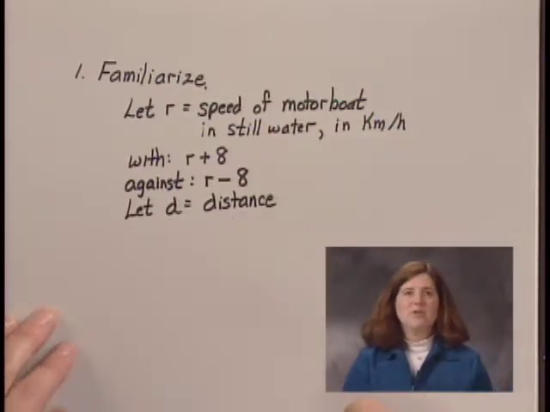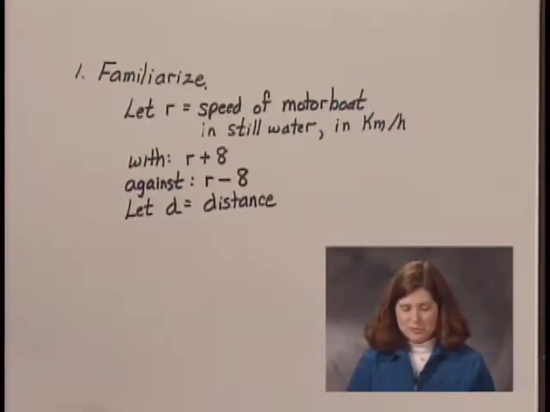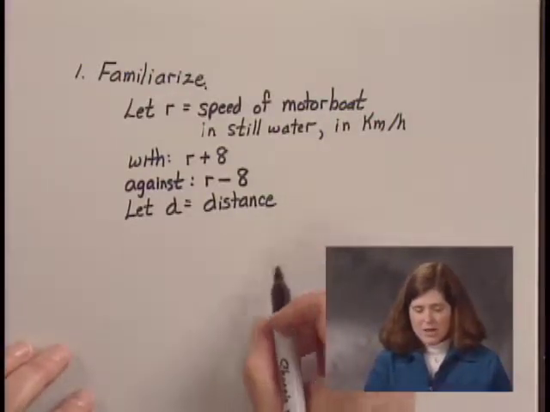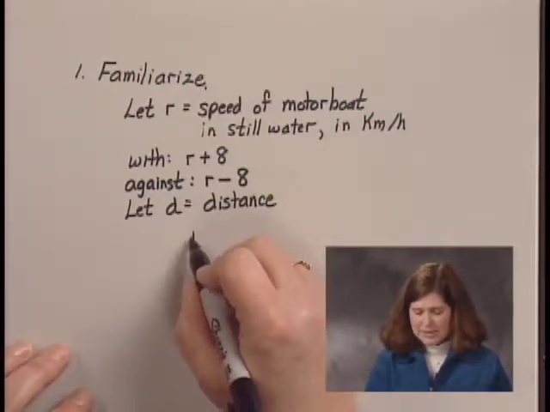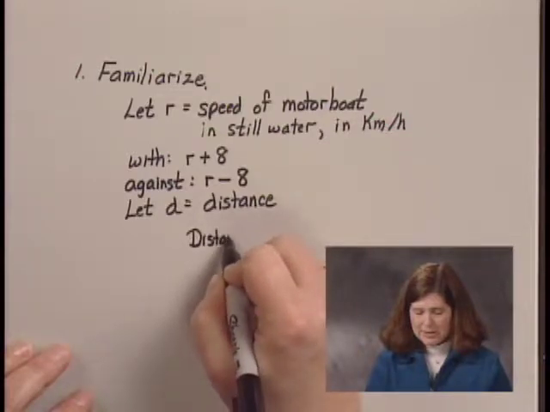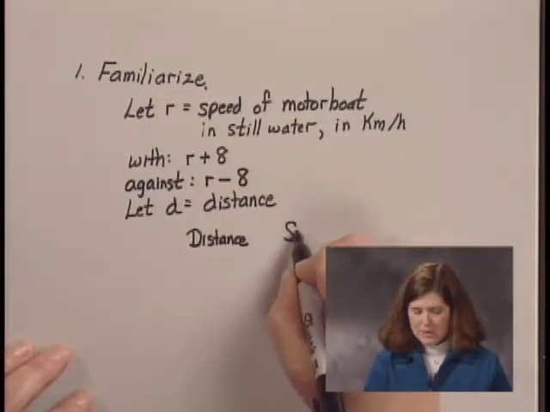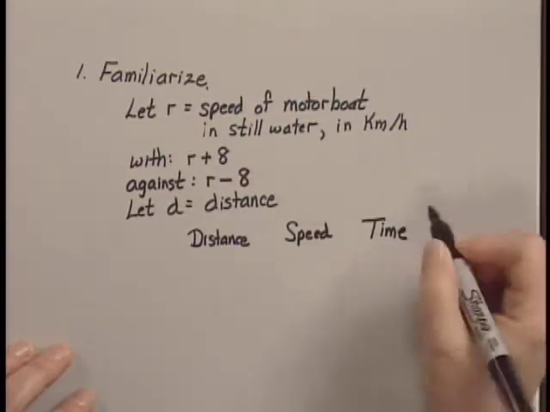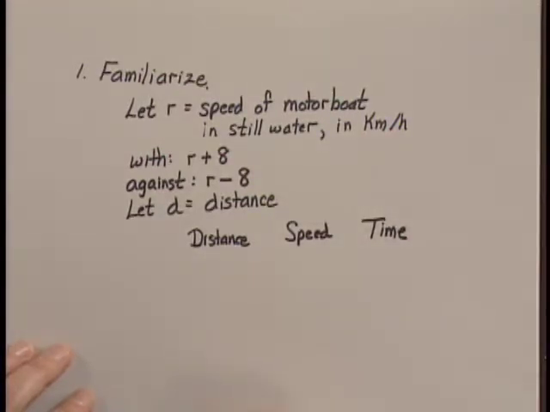Now, as with any motion problem, this information can be organized into a table to help us translate the problem to mathematical language. In a table, we let the columns stand for distance, speed, and time. And then we look at the two situations of motion we have.